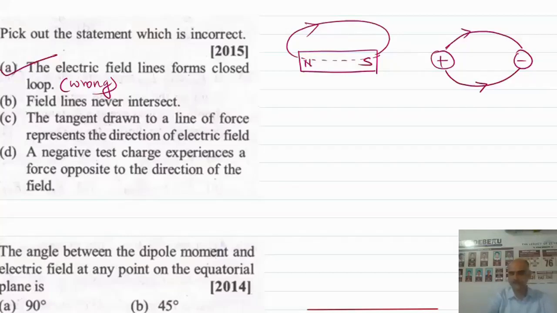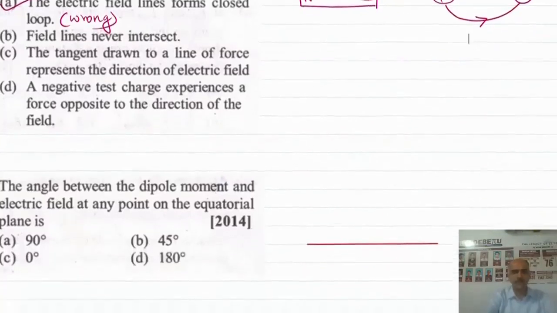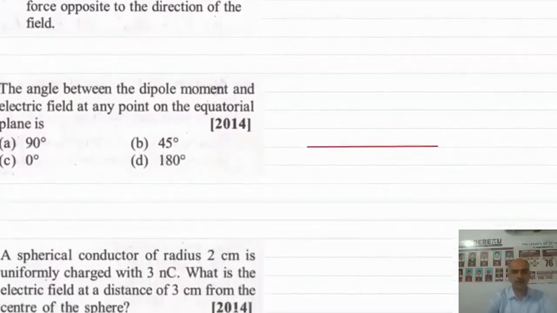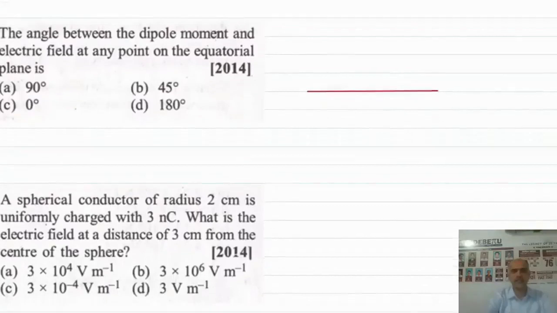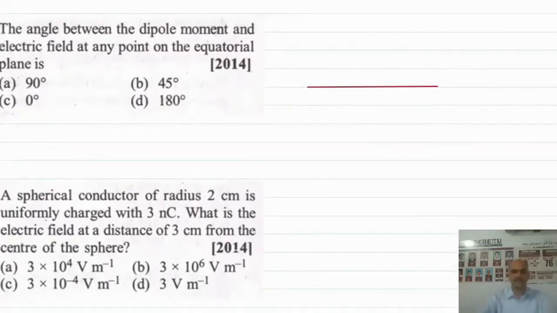Next, the angle between dipole moment and electric field at any point on equatorial line is. So dipole again I will take, consists of two charges equal minus q plus q. So dipole moment will be acting from negative to positive. If you take equatorial line, electric field due to the dipole on the equatorial line will be in this direction.